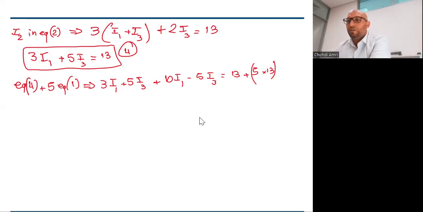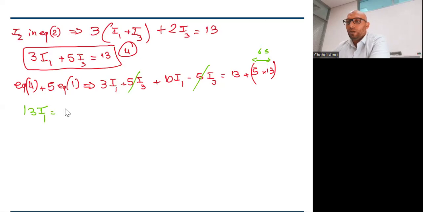Now we can simplify the 5 I3 terms, and we're going to get 13 I1 equals 5 multiplied by 13, which is 65, plus 13.